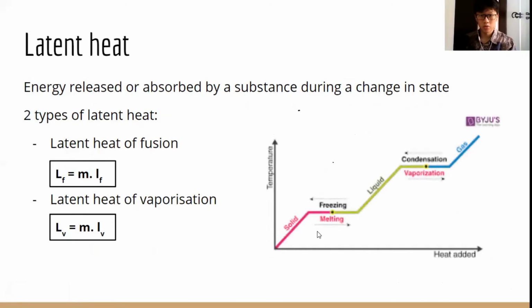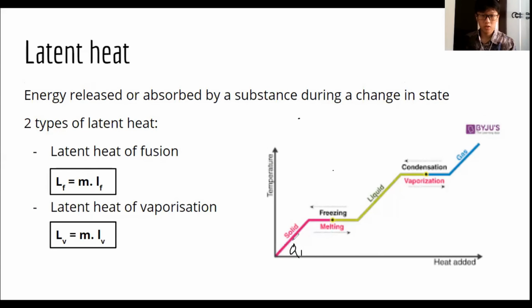So here, as you can see, the substance at this point will be solid. Let's just say that this is the first heat Q1, and then there will be fusion here, or melting or freezing.